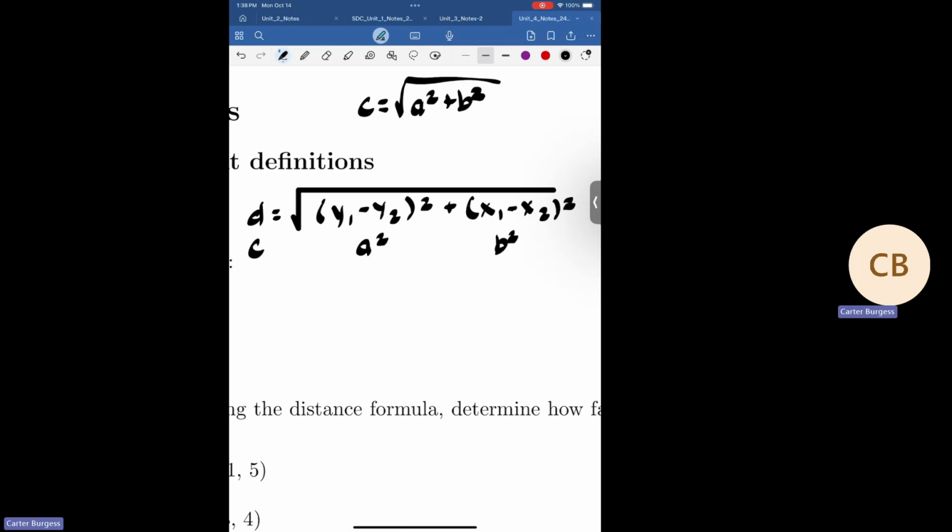And actually, I'm not ever really going to be using this formula as it stands by plugging things into it. You'll see what I mean when we look at our first example. Any questions here, preliminarily, before we look at example one, this application of Pythagorean theorem or our two-dimensional distance formula?